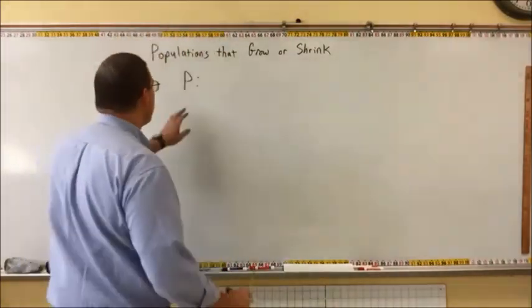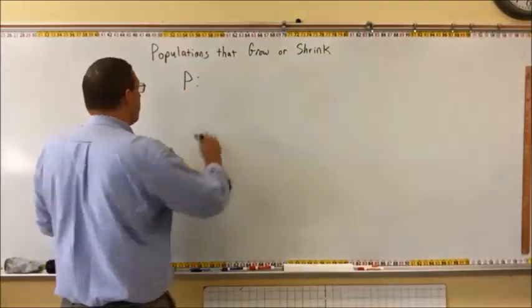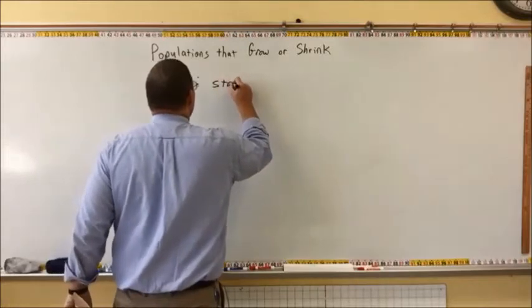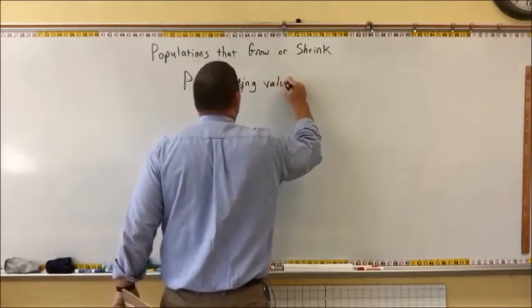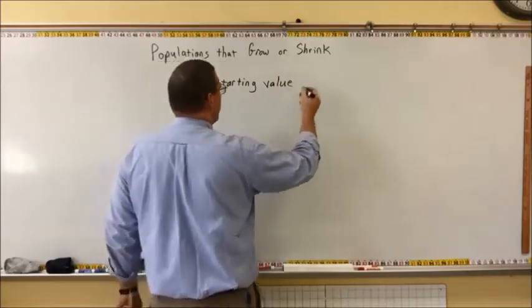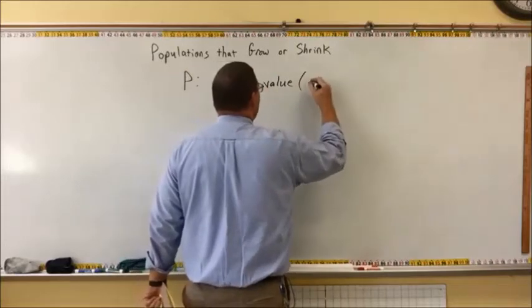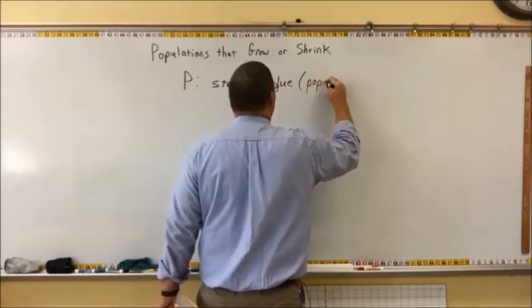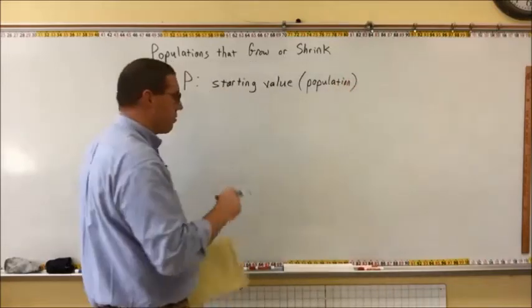P basically means principal or population. It's the starting value. The starting value before the exponential growth takes place, or at the beginning of our measurement of the exponential growth. We can say starting value or the starting population. That's P. That's one of the letters in the formula.